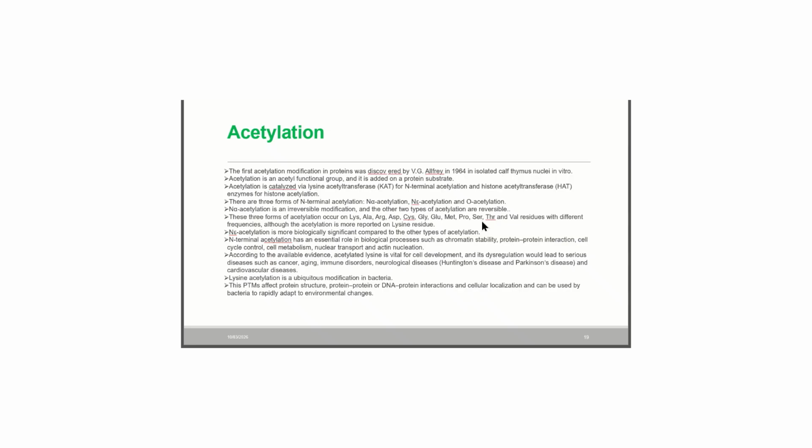The N-epsilon acetylation is more biologically significant compared to the other two types of acetylation. N-terminal acetylation has an essential role in biological processes such as chromatin stability, protein-protein interaction, cell cycle control, and even nuclear transport and other nuclear activities.